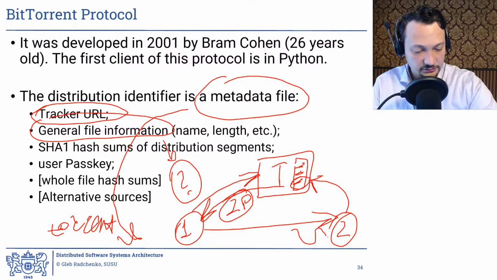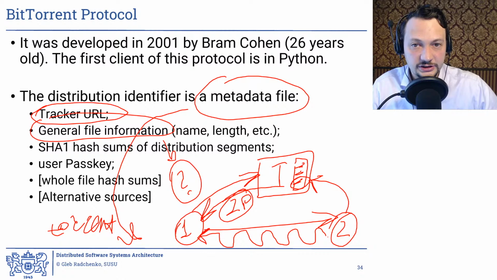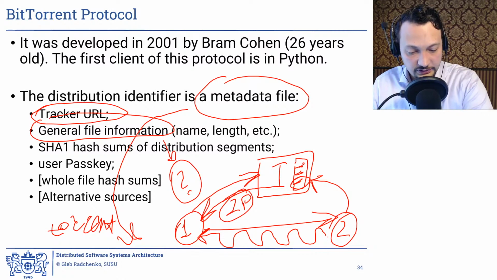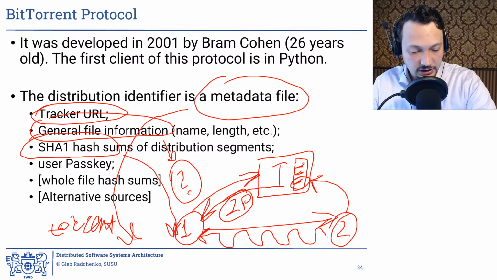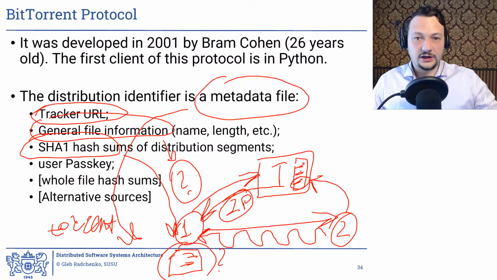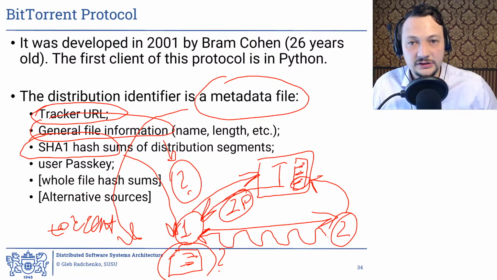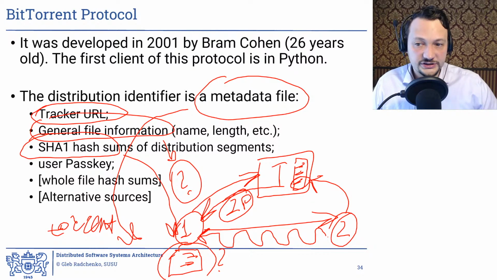So after this request, the file is downloaded to the first client. After the file is downloaded, we use the hash sum to check if the file that we downloaded is a correct file. And after we check that this file is correct, we can be sure that we downloaded the file that we wanted. That is how the connection in the tracker works.